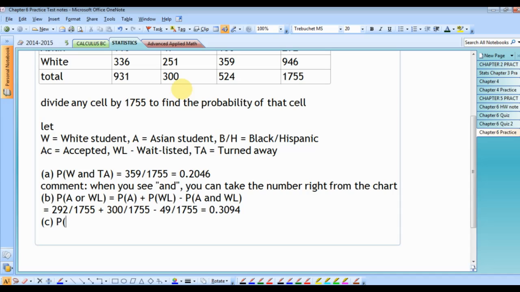So what's the probability that they're accepted given Black Hispanic? And again, use the formula. That's the probability of accepted and Black Hispanic divided by the probability of Black Hispanic.